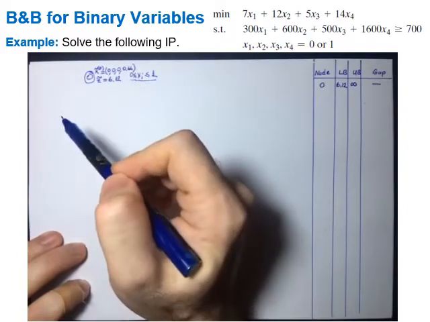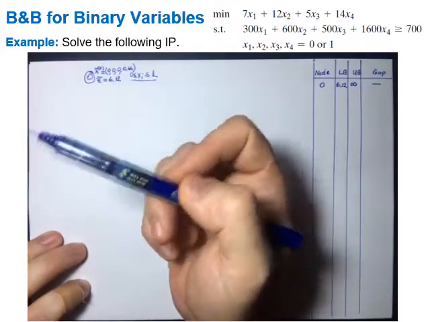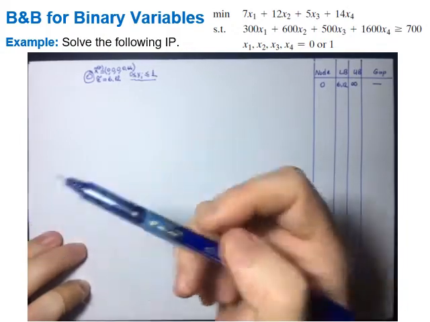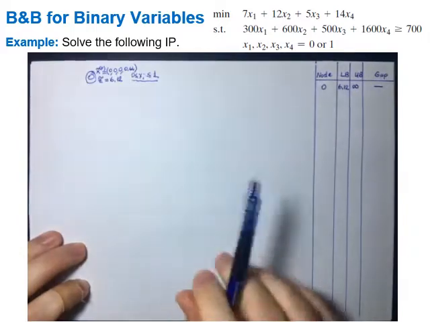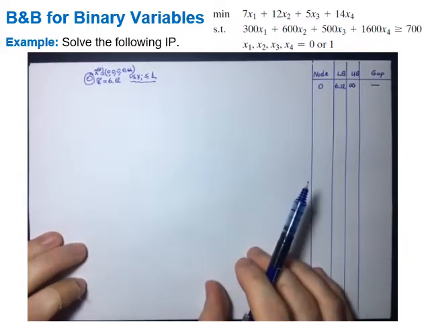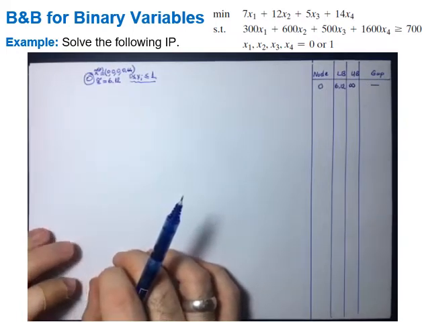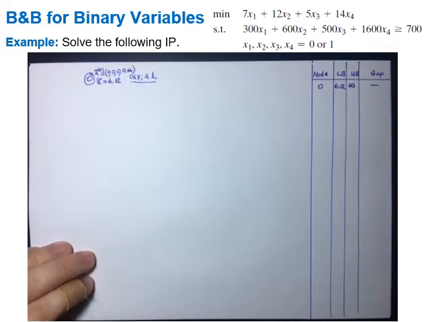It should be either 0 or 1, but it is not. And can we fathom because of bound? The upper bound is infinity and the lower bound that we obtained here is 6.12. So the lower bound is better than my upper bound, so I cannot fathom because of the bound, which means that I need to branch.